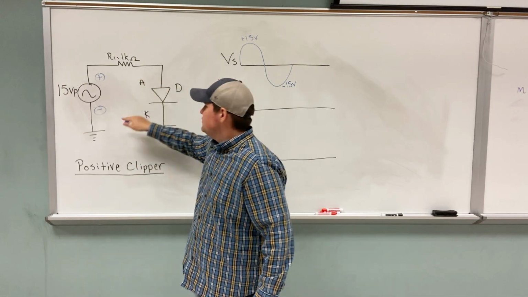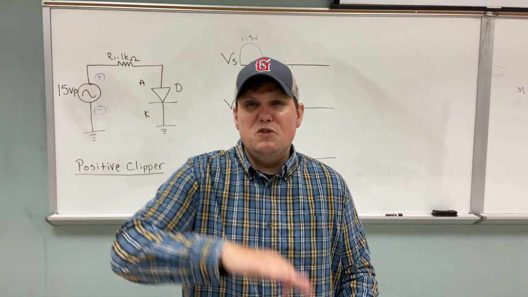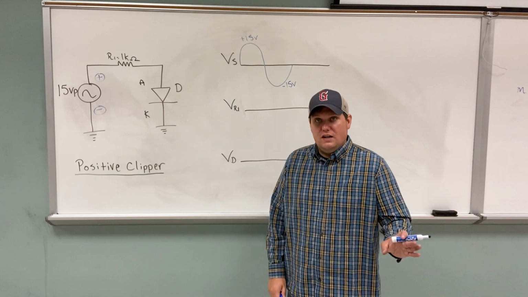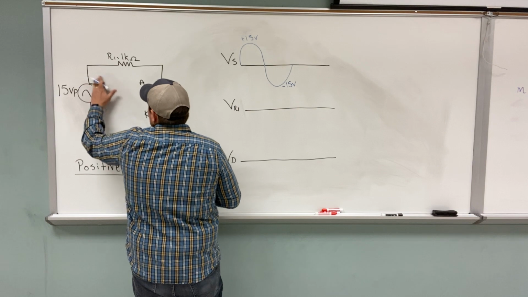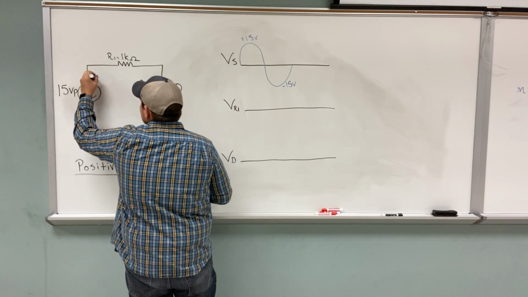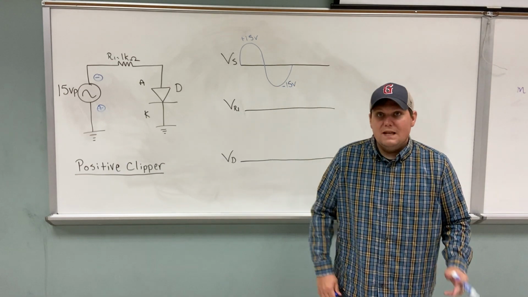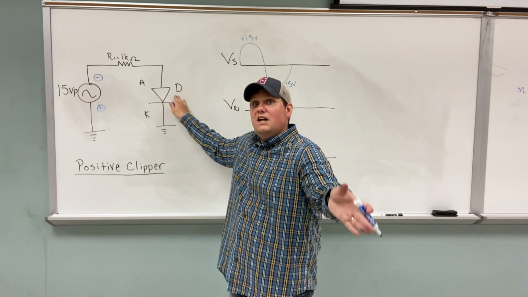Anode is positive, cathode is negative, so on the upswing this is going to be a forward bias circuit. Then on the downswing, polarity swaps, and now it's reverse bias. So this is going to be like an open.